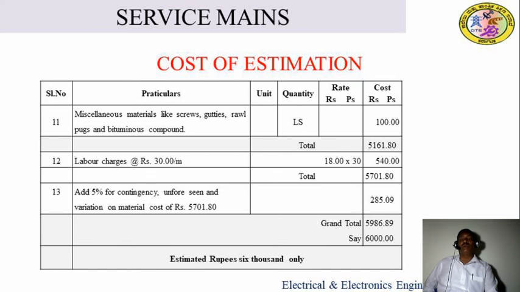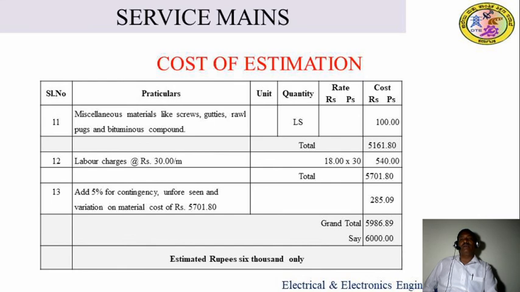Okay, so from these chapters we have studied what is service mains, what are the types of service mains, and what are the advantages, disadvantages, and specification of the materials, overhead as well as underground.